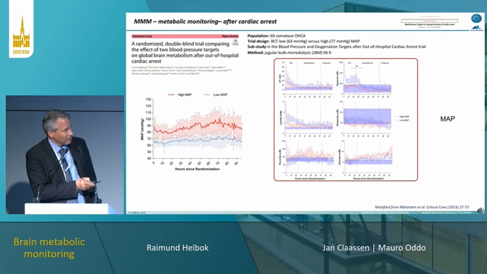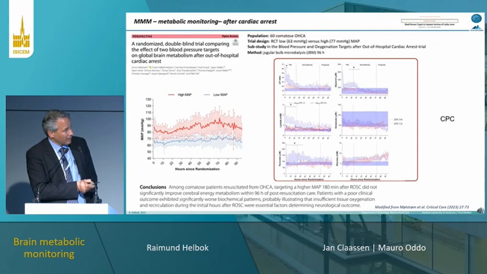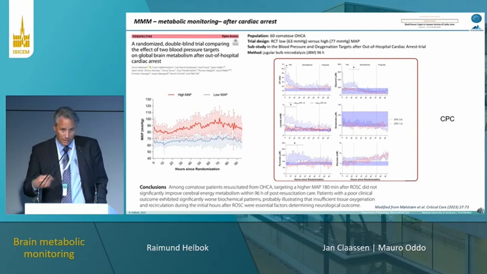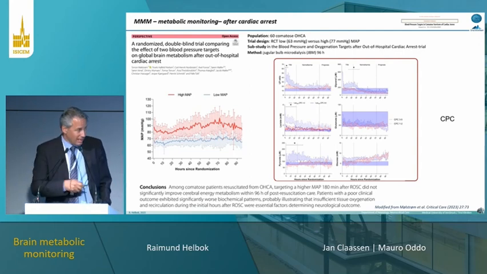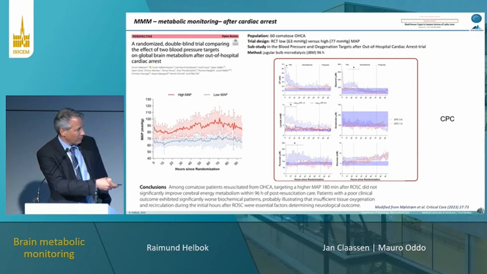Some other metabolic information was significant. And in terms of outcome, the CPC outcome, there was a significant result that the metabolic information actually translated to a worse outcome in that group of the lower mean arterial pressure.